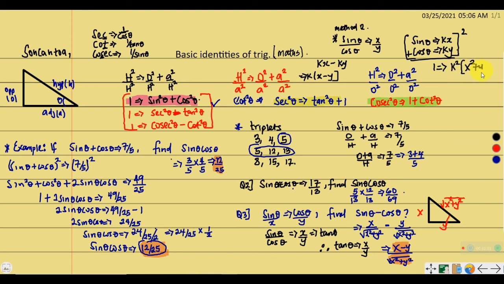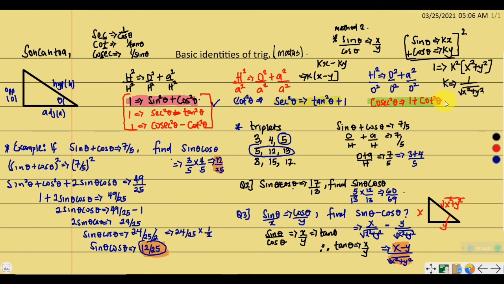So now, as you can see, make k the subject of your formula without wasting time. You can see that k squared will be equal to 1 over that. But k directly, I hope students are getting this, will be 1, the square root of 1 is still 1, over the square root of x squared plus y squared.